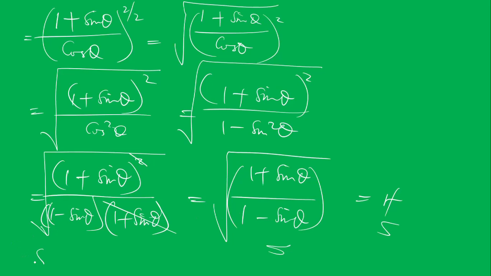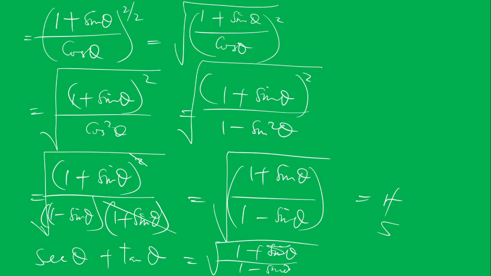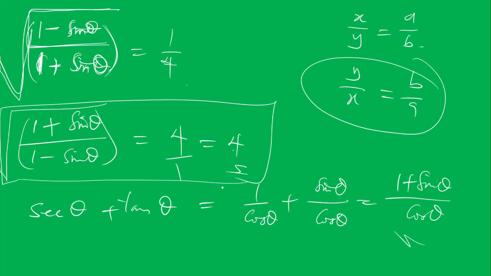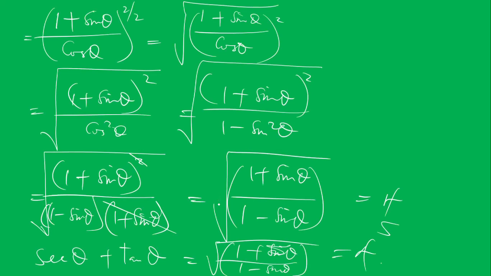What we're looking for is sec theta plus tan theta, which is equal to the square root of 1 plus sine theta all over 1 minus sine theta, which is equal to 4. This is the second method. So that is the final answer. So 4 is the answer.